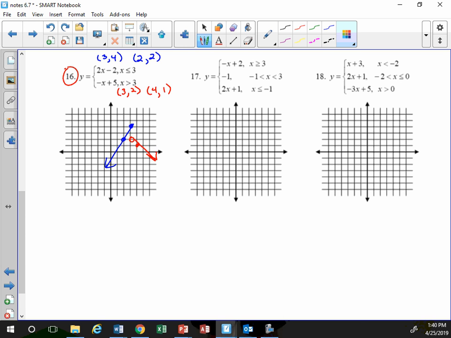So the x value is equal to 3 and y value. We already did 16. So it's like a horizontal line. Focus on this. So you can make ordered pairs up there.